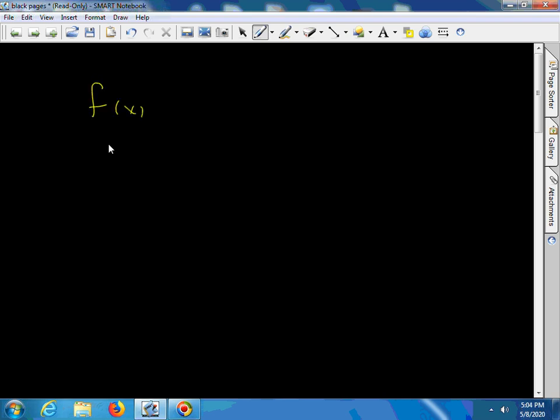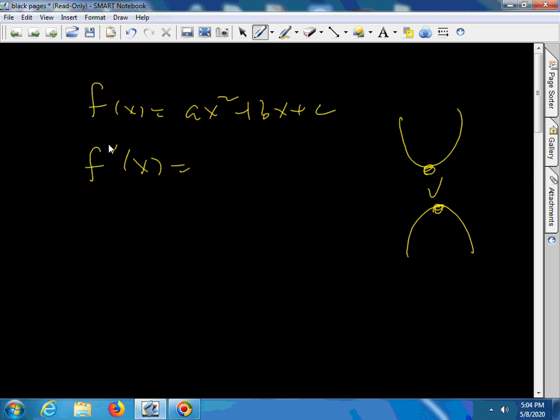If f of x is ax squared plus bx plus c, and we want to find the max or the min, either it goes this way or it goes that way, so there's only going to be one max or min, and it's always going to be at the vertex. The derivative is 2ax plus b. We want to set this derivative to 0 to find the max or the min.